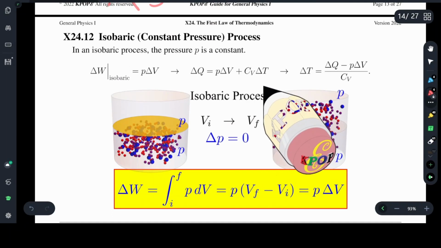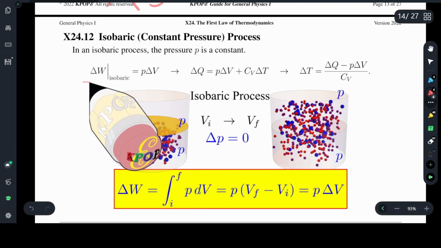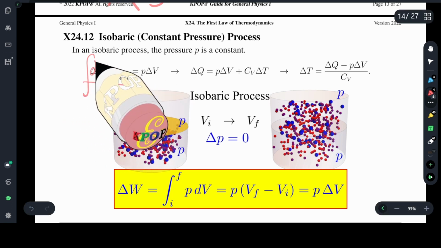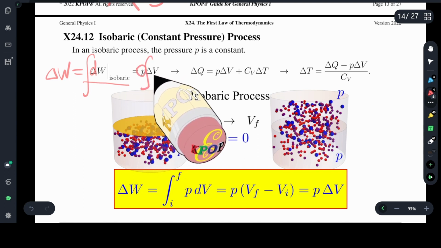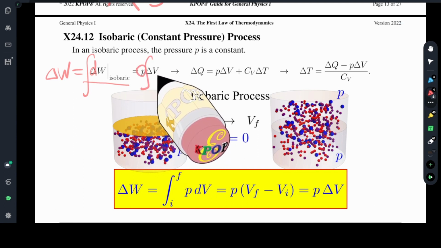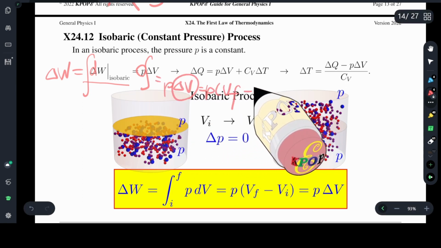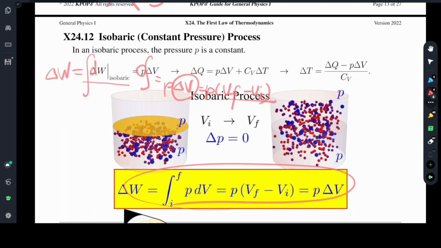Isobaric process, that is a constant pressure. When the system is in a constant pressure process, the work done by the gas is the integral of dW. This P is independent of V, so this integral becomes just a finite change: P times (V final minus V initial). That's it. This is the work done by the gas during an isobaric process.